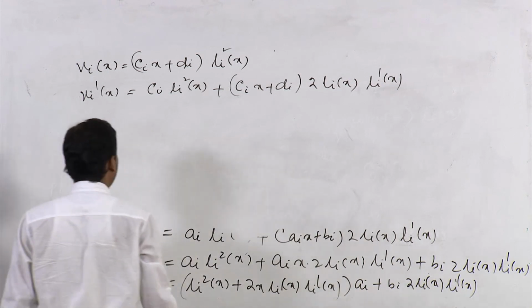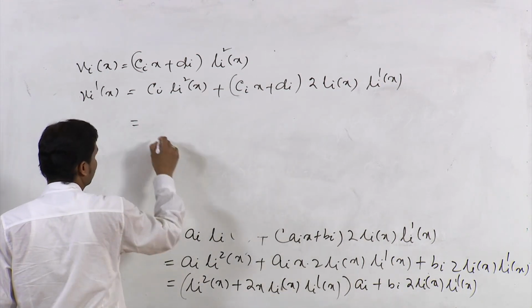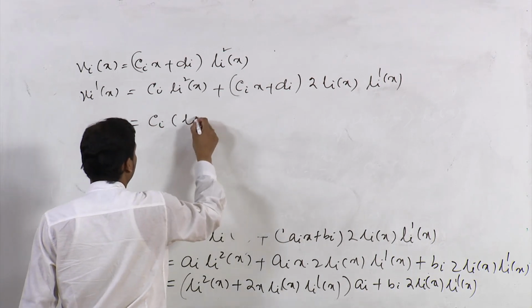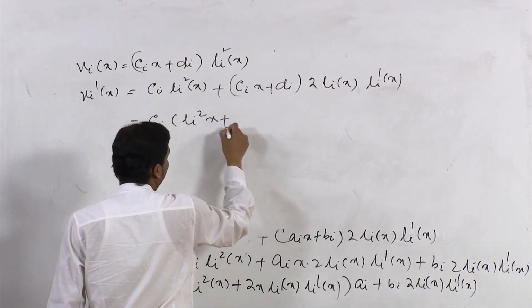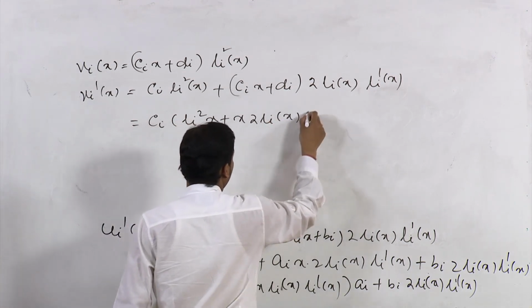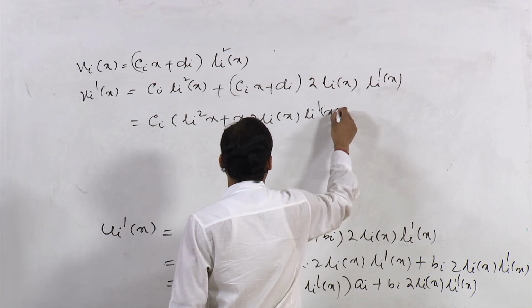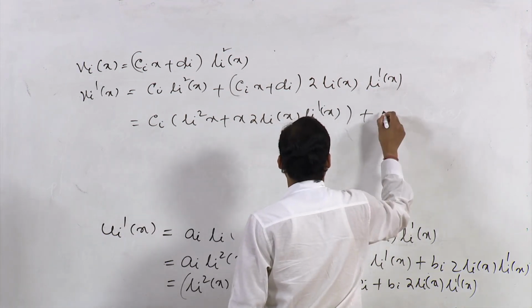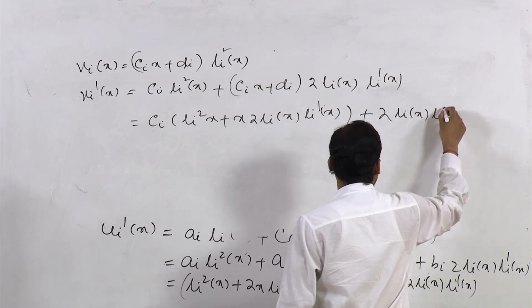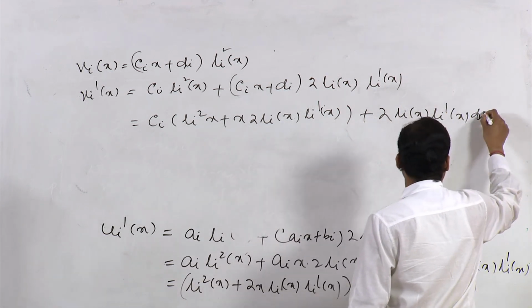And if you take common of ci from both these terms, ci into (Li square of x plus x 2 Li(x) Li dash of x) plus 2 Li(x) Li dash of x into di.